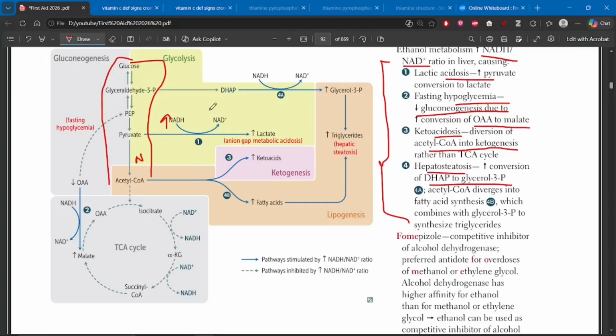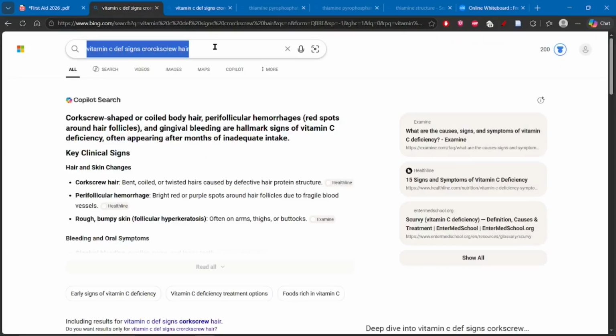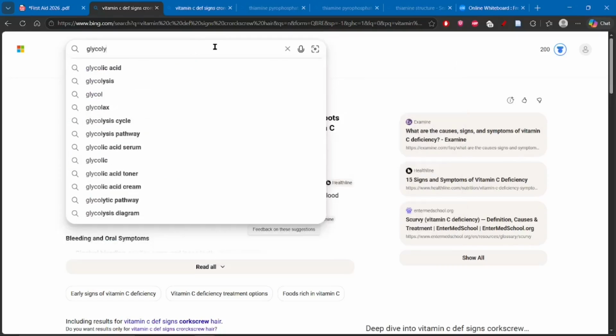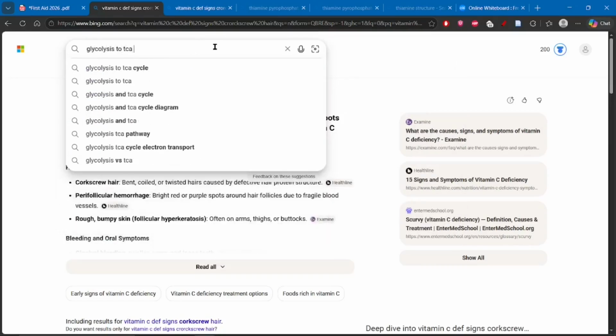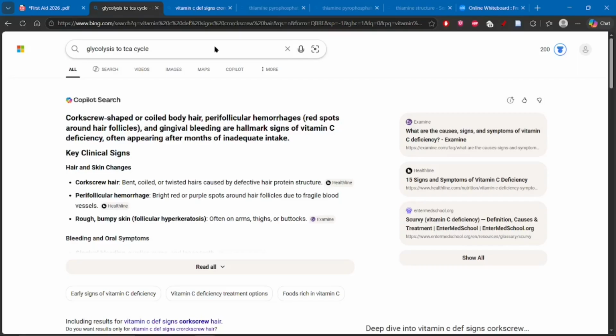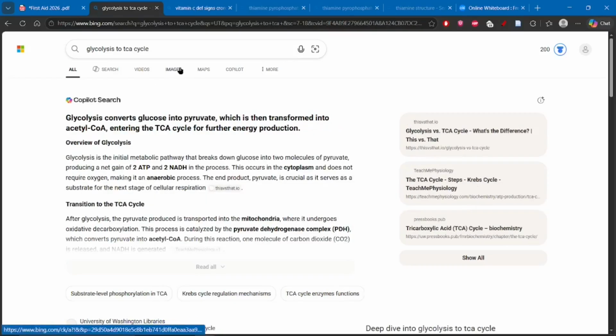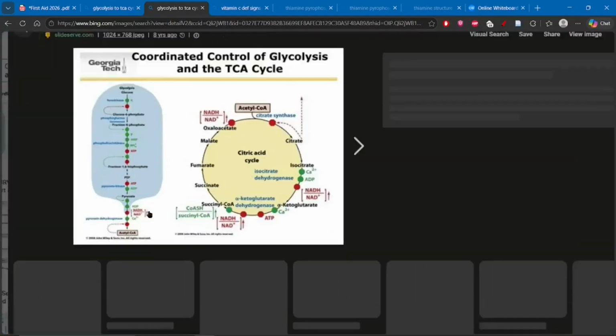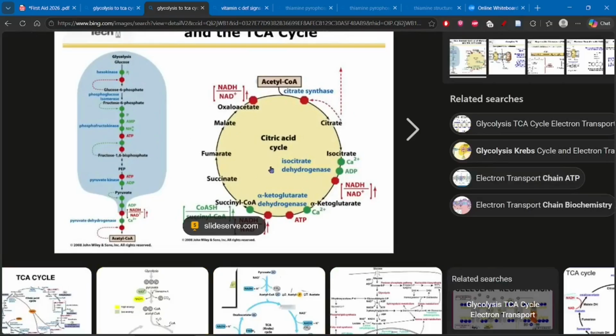But if you have increased NADH, and I think you require, it's not written over here. Let me search it. So I could open a cycle, glycolysis to TCA cycle, so that it is written clearly.